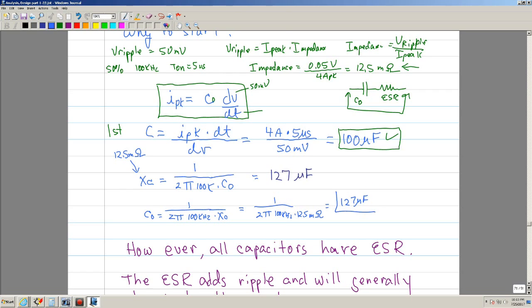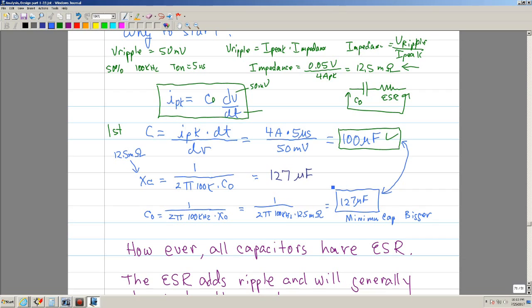So if you notice, these two equations are pretty close. What does this mean? It means that this is the minimum capacitance. So it should be bigger than this.